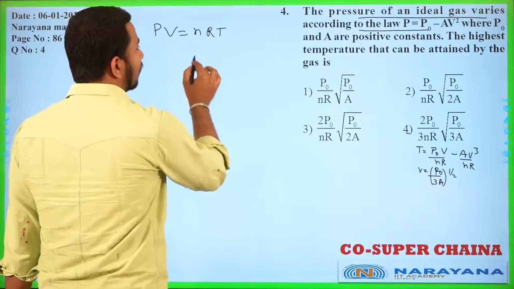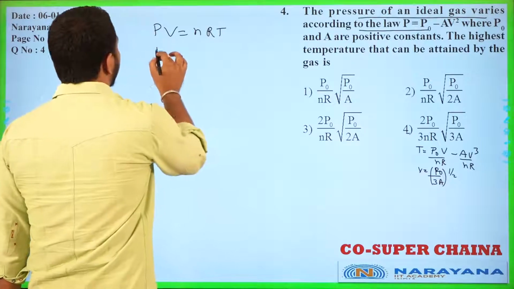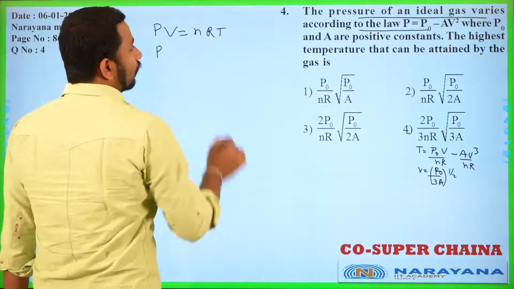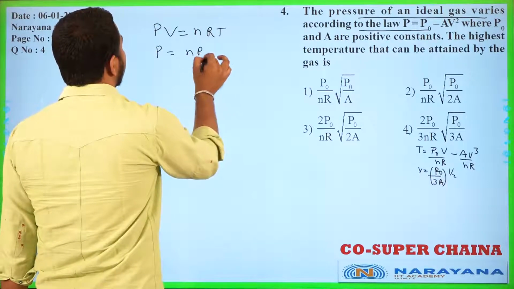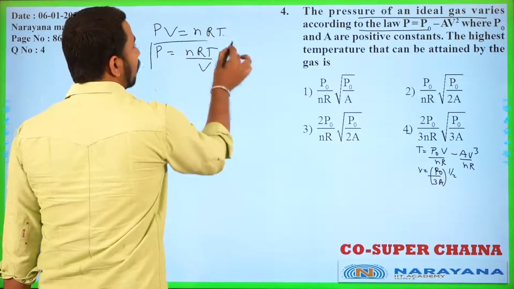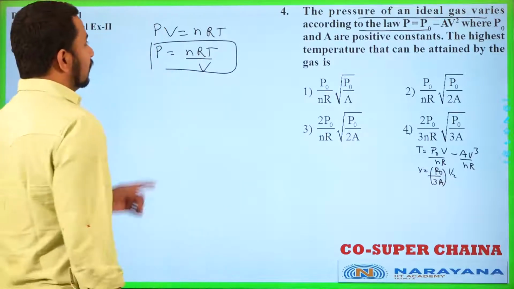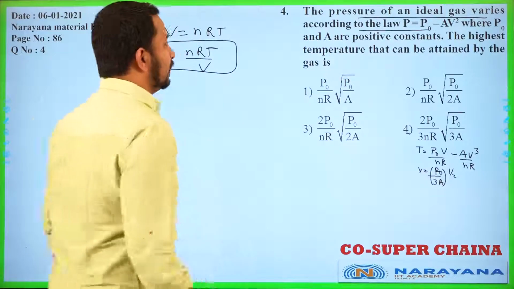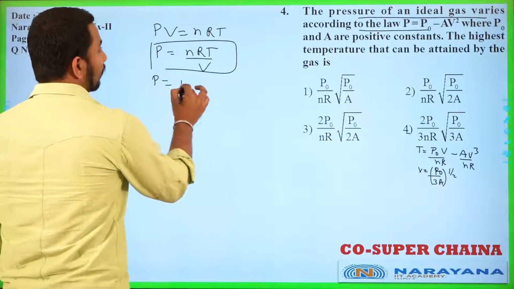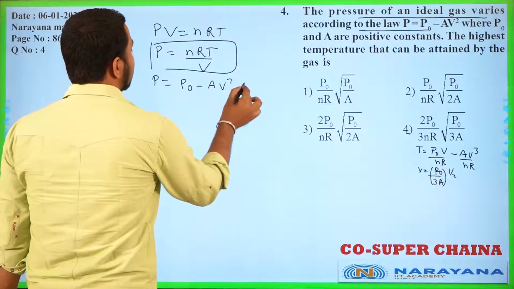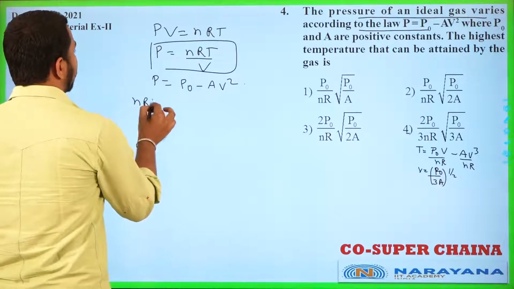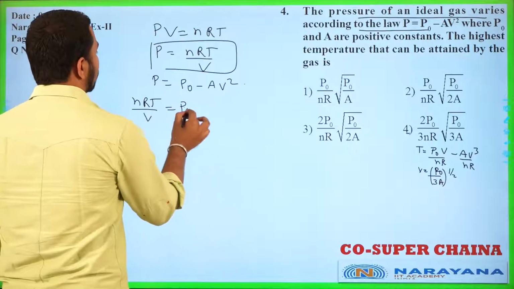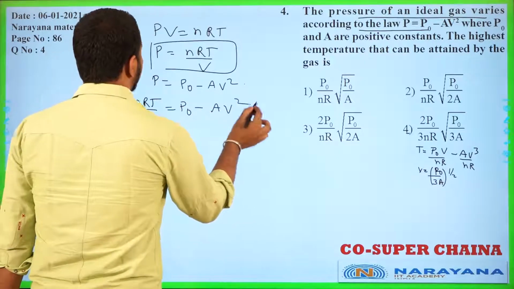From here we get P equals nRT by V, right? And this P is given to be equal to P naught minus A V square. So we can equate these two values: nRT by V equals P naught minus A V square, right?